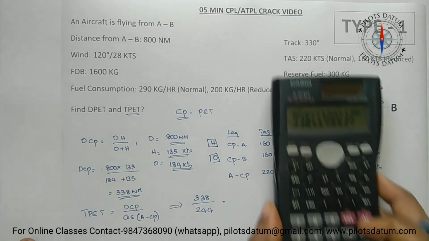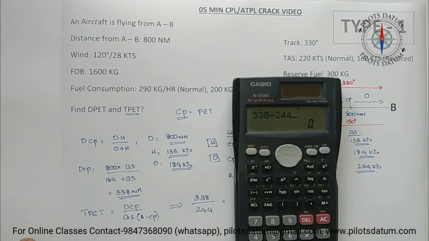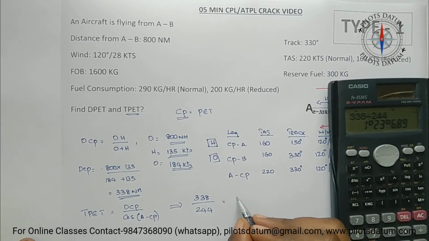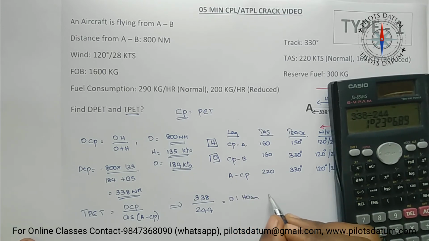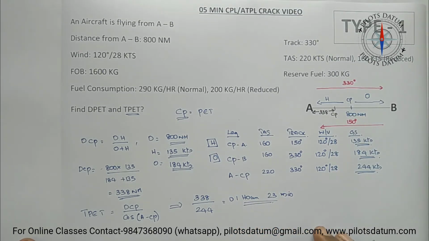Let's put it in the scientific calculator. That is 338 divided by 244. That will give you 1 hour 23 minutes. So that's it for DCP and TCP.